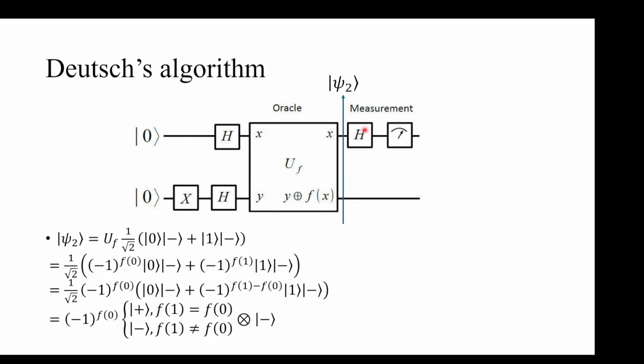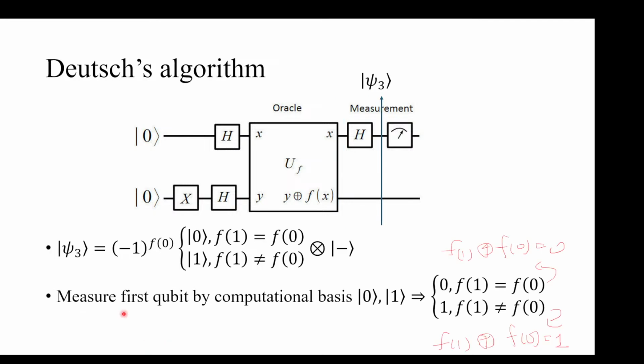And then you do a Hadamard to make the 0 component and 1 component interfere with each other again. And in the end, you can get this 1 bit of information that tells you whether f1 XOR f0 equal to 0 or 1. Okay, any question about the derivation of Deutsch's algorithm?